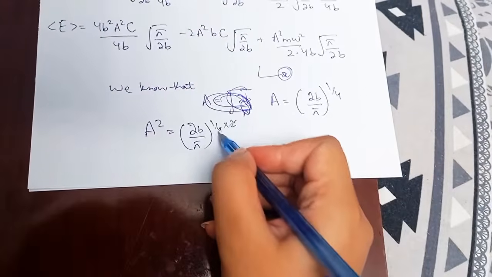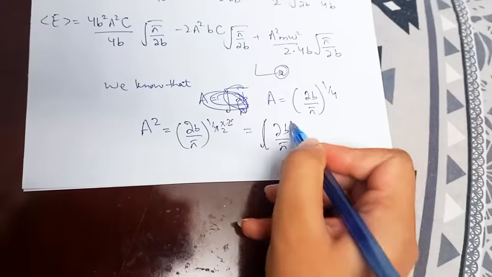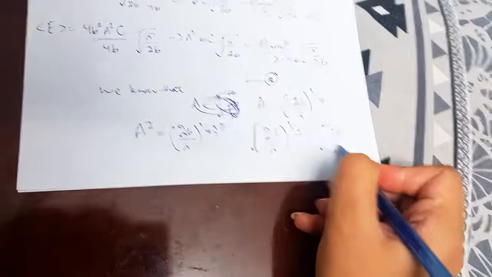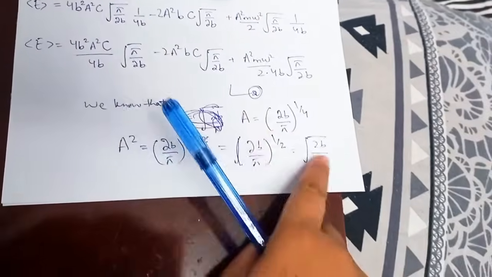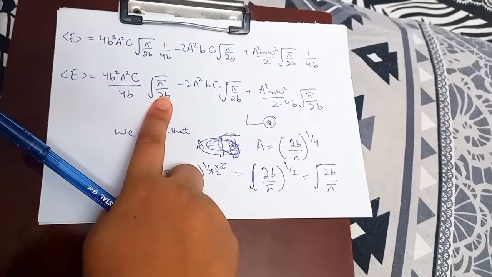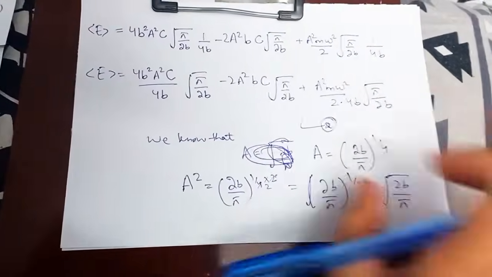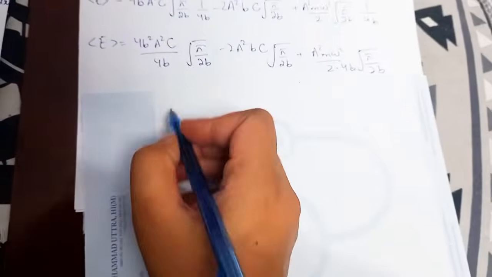So it's 2b by pi whole power 1 by 2, which means under root 2b by pi. We can put the value of a square right here in each of these expressions, and it will be simplified a lot more. You will see how simple the term will become. So let's do this here.